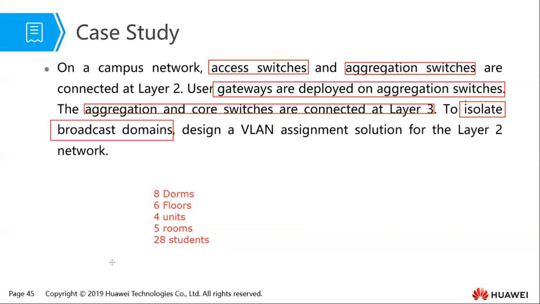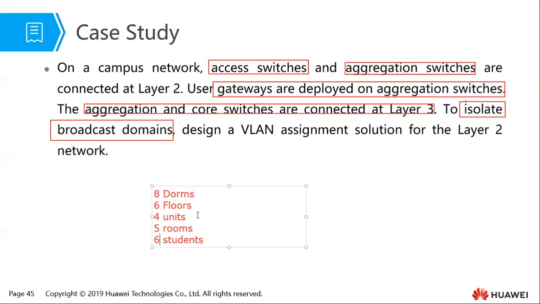So how do you think we should create the VLANs? Per room or per unit or per floor or per dorm? For example, if each room is accommodating, let's say 28 students, or even let's say each room is accommodating 6 students, how best do we create them?